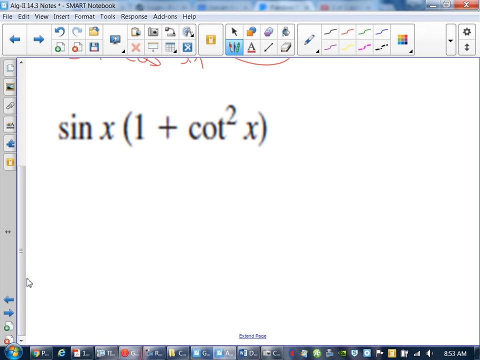I'm shaking my head no, not because I have the twitch, just saying no. Because what's 1 plus cotangent squared, according to the thing written on the board on the right? Cosecant squared. This here is a Pythagorean identity. That equals cosecant squared.